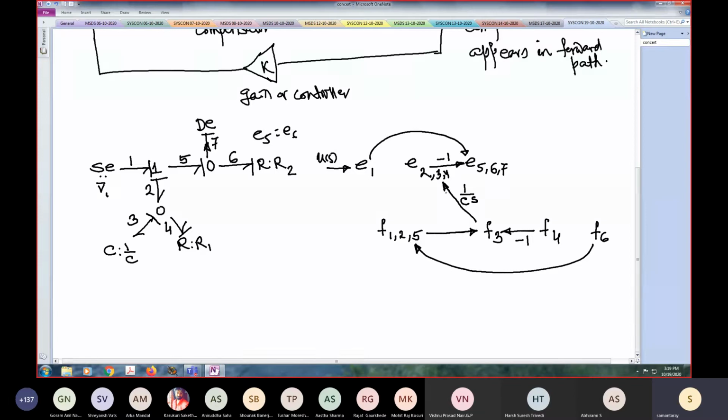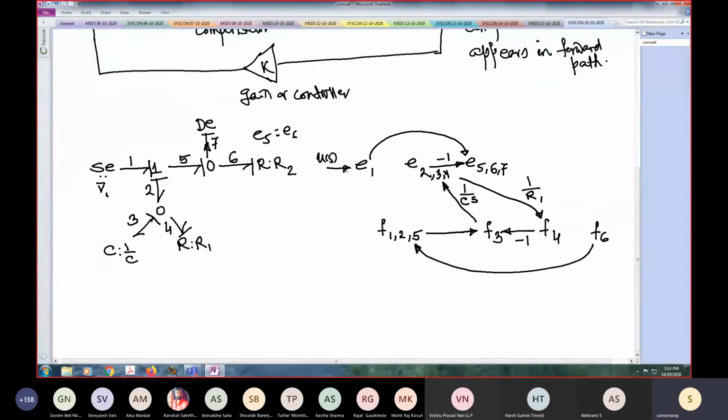Then for R1, that is in bond number 4. Here the causality is such that we give effort, calculate flow. So from E4, we calculate F4, 1 by R1. And in bond number 6, again similar causality.